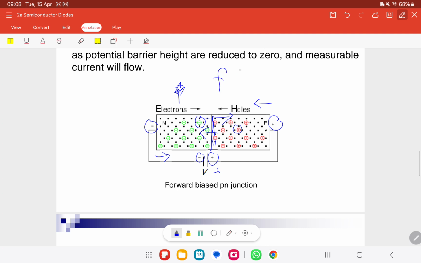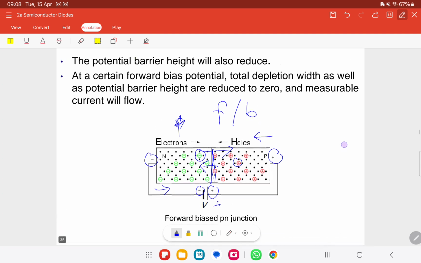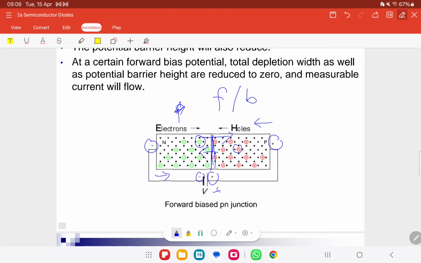For this one we call it forward bias. In forward bias, since there is no space charge region in the middle, the current can easily flow. Since there is no region, the current can flow straight away. So we have the value of the current I, and we can have the value of the voltage.